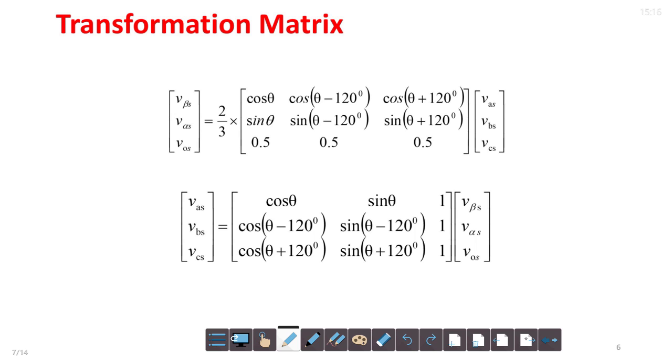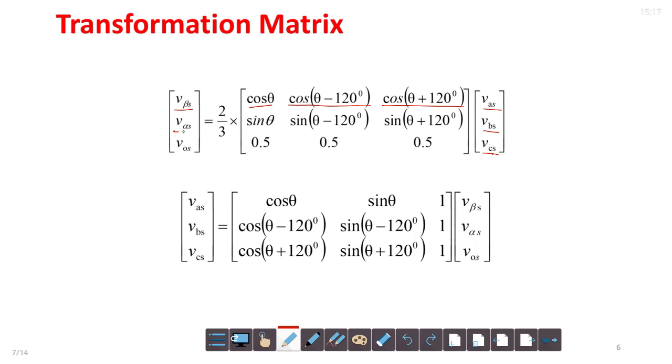So, the transformation matrix is given like this. As we have just written V beta S, the component of VAS along beta S is cos theta, the component of VBS along beta S is VBS into cos of theta minus 120, and the VCS component is cos of theta plus 120, where 120 is 2 pi by 3.